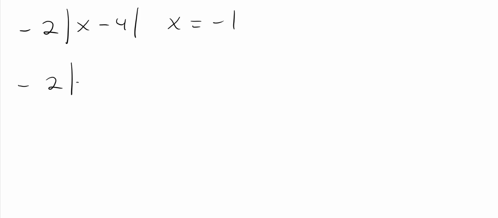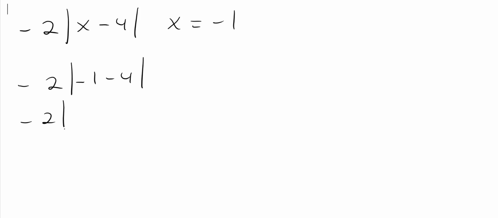Let's do one where you have to substitute something in. So negative 2 absolute value of x minus 4. And I'm telling you x equals negative 1. So we just substitute that in there. And so it's negative 2 absolute value, and then it's negative 1 minus 4. Okay, what do you do? You do everything inside the absolute value first.